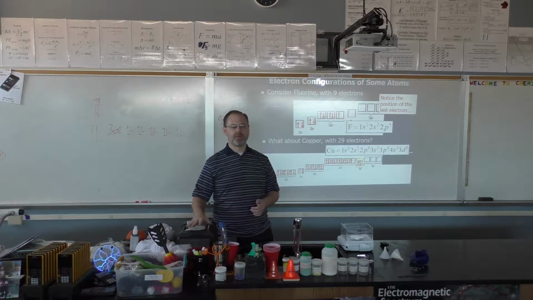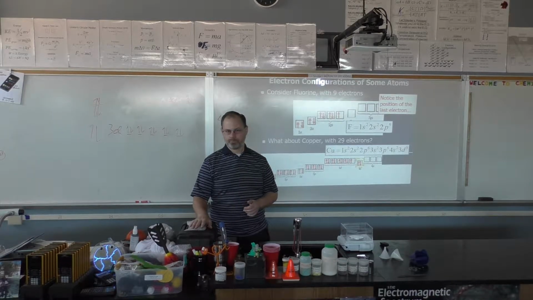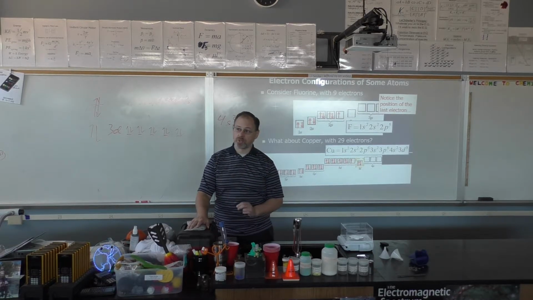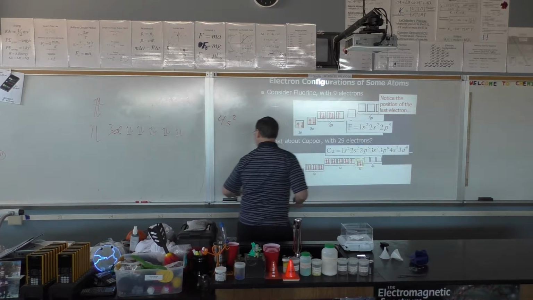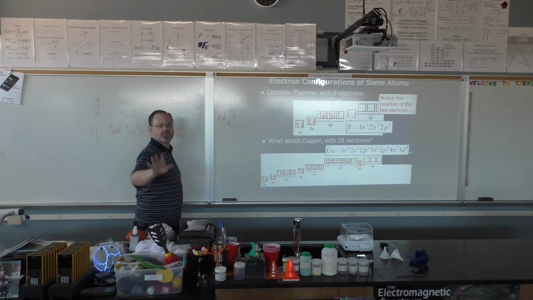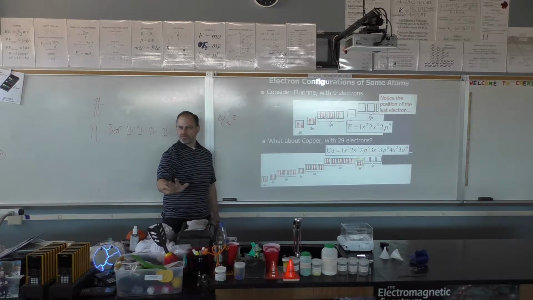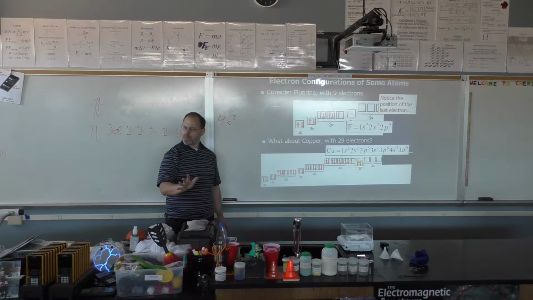Copper is very, very special. Cody, how many electrons are in the last shell in copper? 1. Copper is very special because it's an exception to the rule. Normally, I like to shield you from exceptions, but I have to tell you about this one because it's a very common exception.